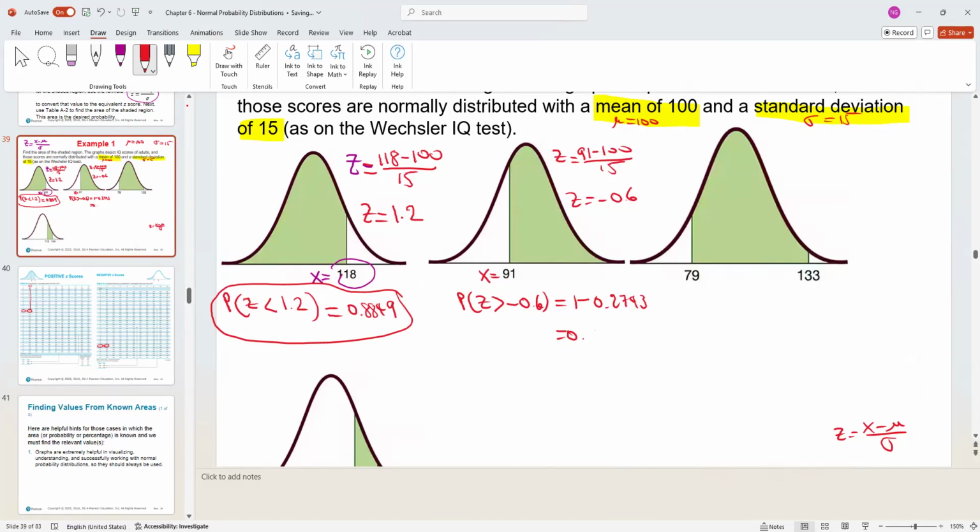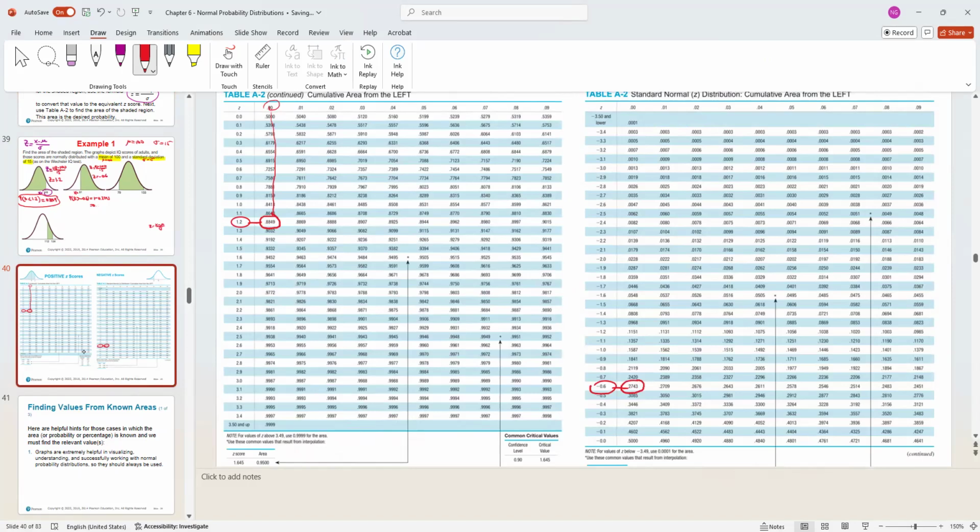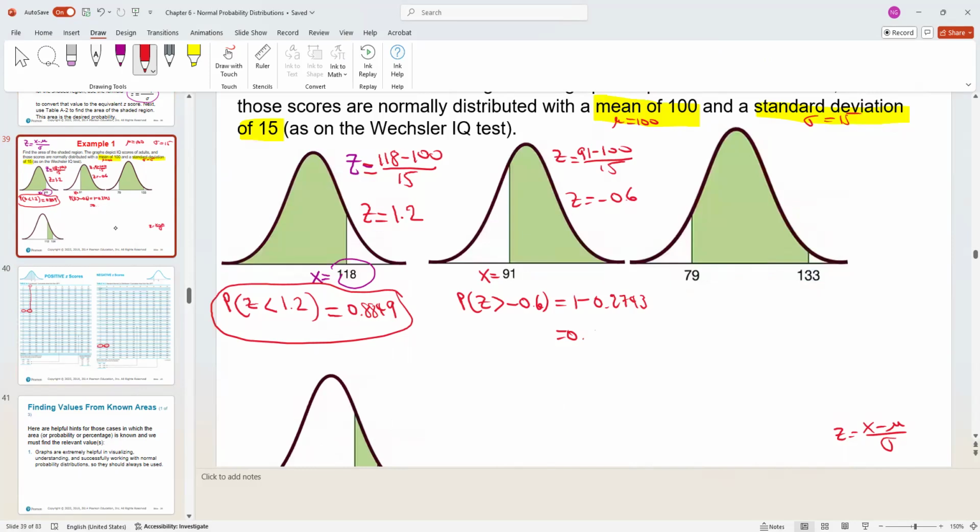Let me do it with the calculator: 1 minus 0.2743, which is 0.7257. That's the answer.